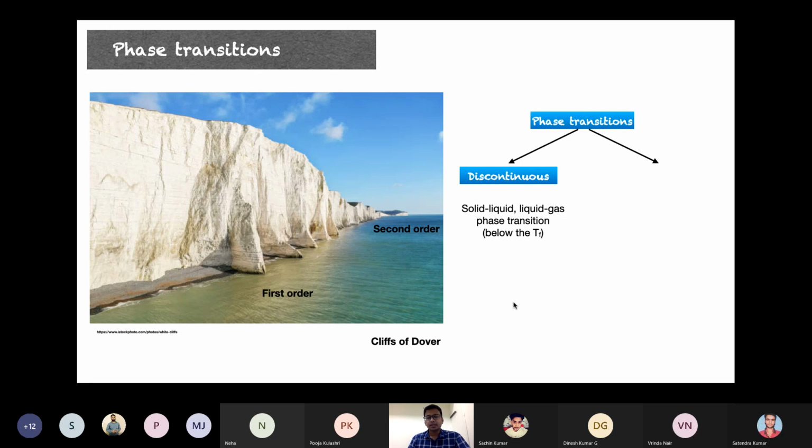On the other hand, there are transitions which are called continuous, and there this jump vanishes. An example is liquid-liquid. If you go beyond the critical temperature, there is a continuity between the two phases. So this is overall a picture of phase transitions.